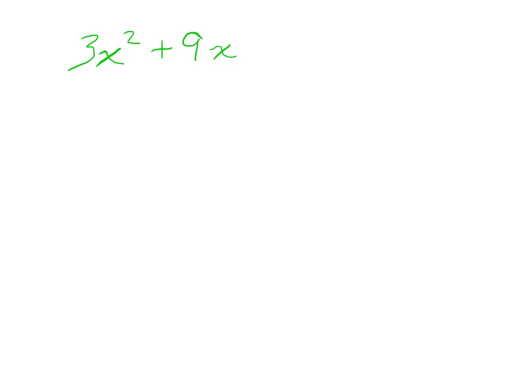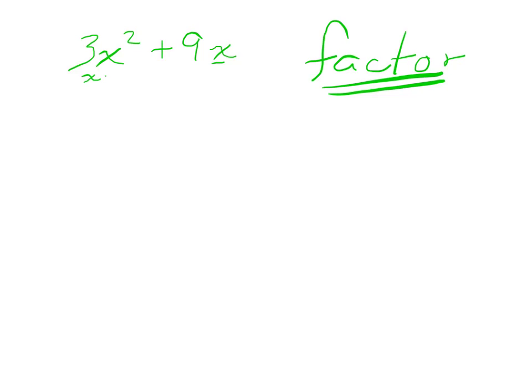Okay, so first, let's factor this. So what I'm going to notice is I've got an x here, and then this over here is actually x times x. And this right here can be thought of as 3 times 3. So if I read this all out, I have 3 times x times x plus 3 times 3 times x.